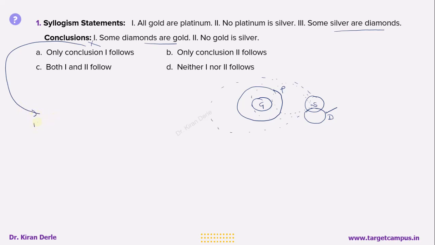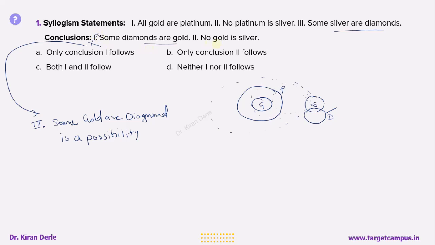If the third conclusion would have been that some gold are diamond, or all gold are diamond, that is a possibility. But this is different. It is saying definitely that some diamonds are gold. The diamond circle can also be like this, so this is not true, right? So we are rejecting the first conclusion.